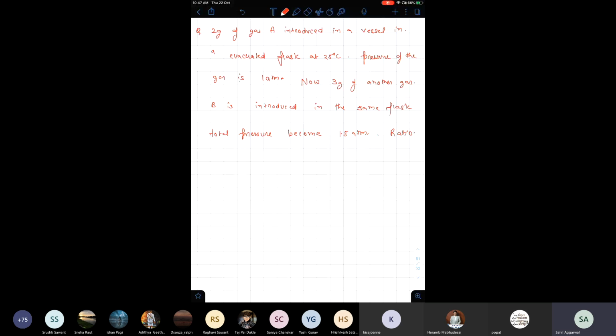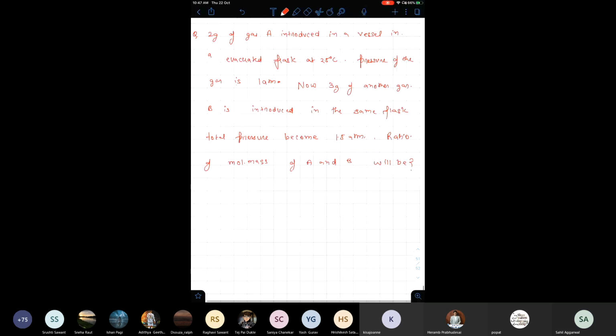Ratio of molecular masses of A and B will be?